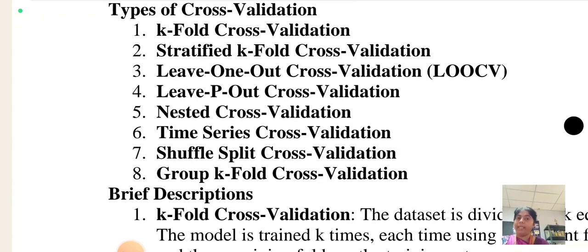Then, using permutations and combinations, I take the first 10 data for testing and the remaining 90 data for training the model. Next time I take the second 10 for testing and the remaining for training, and the third 10 for testing and the remaining for training. In this way I can do the training and testing process for my model.